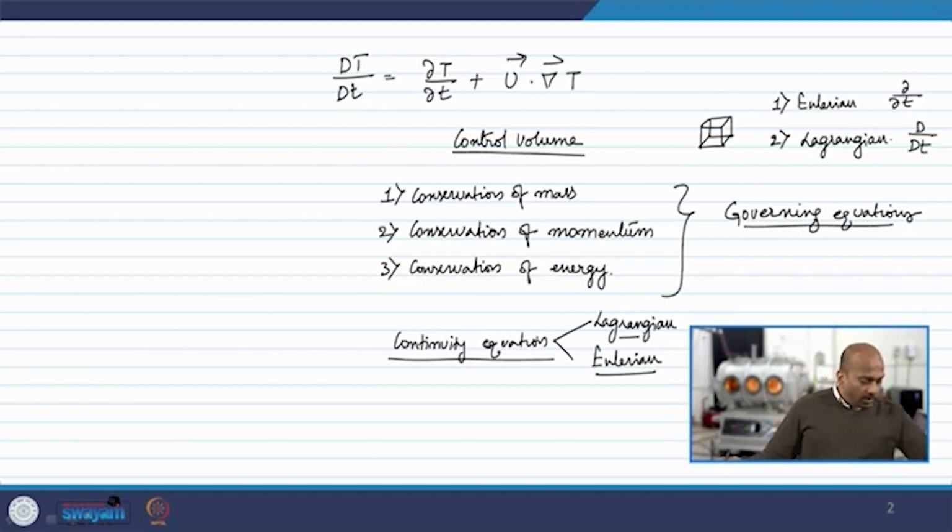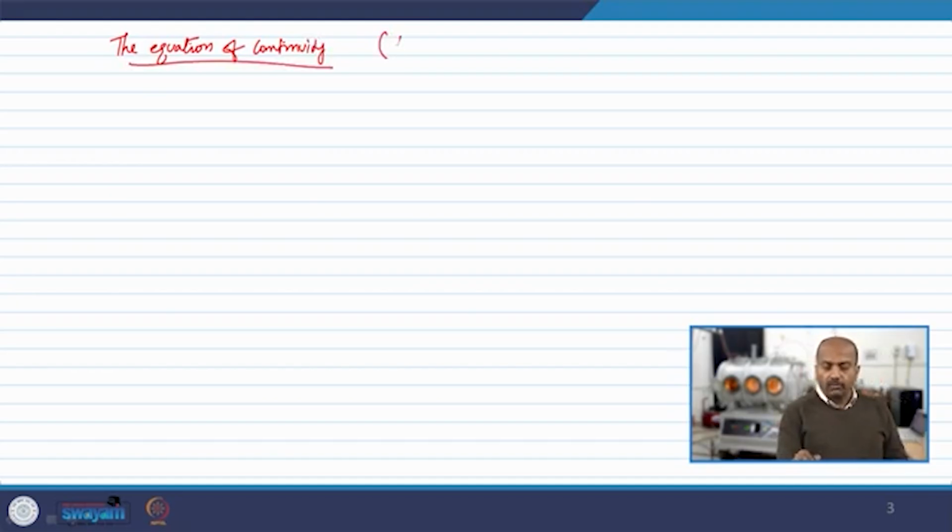So, in order to do that, let us consider first, the first derivation is the equation of continuity and the approach that we are going to follow is using an Eulerian control volume.